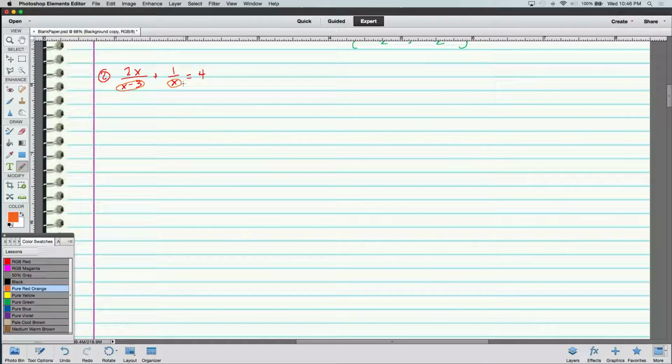So the least common multiple in the denominators is just the product of those two. So we want to multiply the entire equation by x times x minus 3. Okay, and I'll still write the original equation in red.